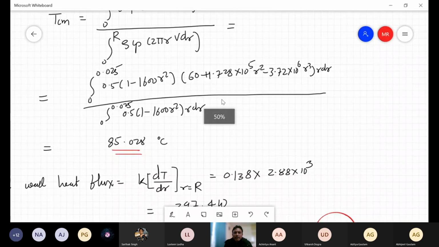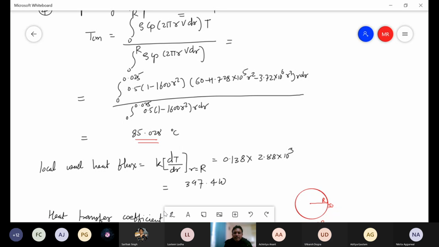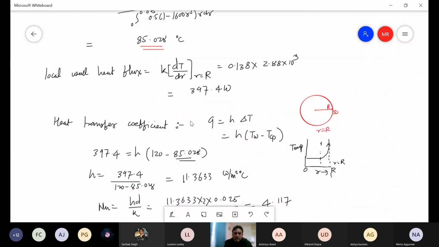How are you going to calculate the heat flux? Q will be given by what? When we are taking h delta T, what does this delta T basically give? It's the wall temperature minus the bulk temperature, isn't it?